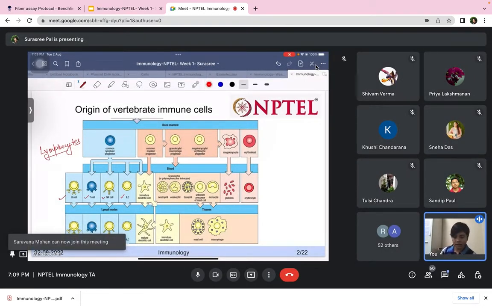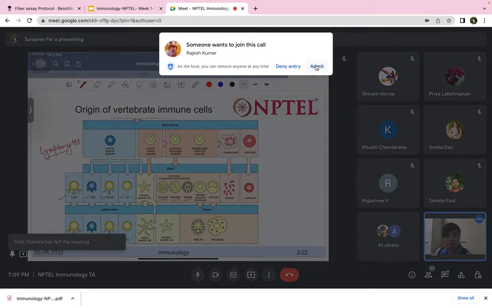From the myeloid lineage now, from the common myeloid progenitor, one immature dendritic cell is originated. Also from the granulocyte macrophage progenitor, as I was telling you, all types of granulocytes, for example neutrophil, eosinophil, basophil, are produced. And also monocytes.